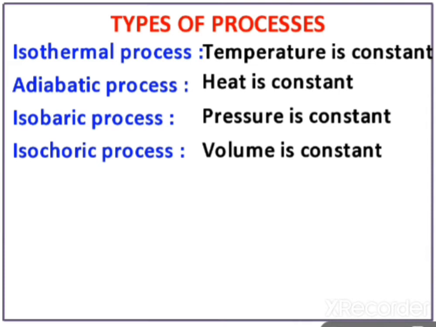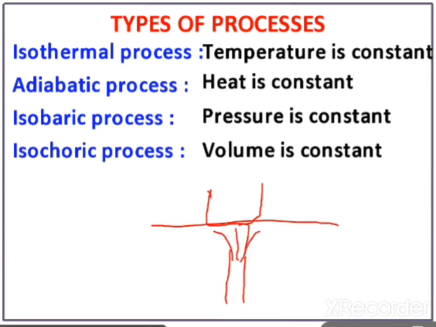We can understand this very easily. Take a beaker and heat it by covering it with a lid. Inside the beaker, if we fill water, then after some time the water will convert into gas. But what will be the volume of the gas? This volume is fixed because we have covered the beaker.